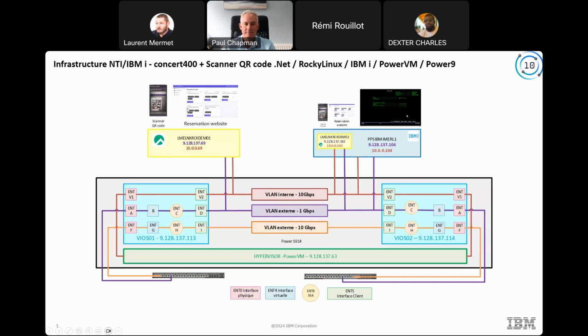And when you are in the container, you cannot go through the IP to the IBM i partition because the container doesn't see this IP. It's only the connector that has the IP and the name and password of the user to connect to the IBM i partition.